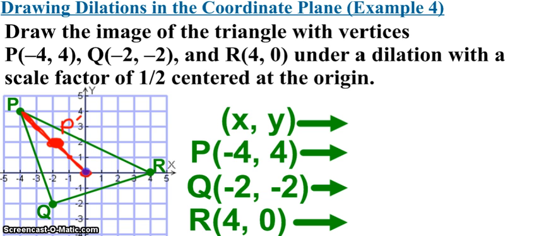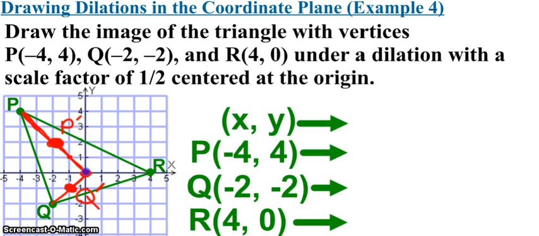So what we're going to do is cut that distance in half. If you look at our Q, you see that it is 1, 2 diagonal units from the center. So we're going to cut the distance in half. So 1 diagonal unit is going to be right here from the center, and we're going to call that Q prime.